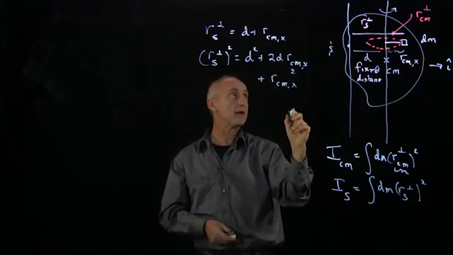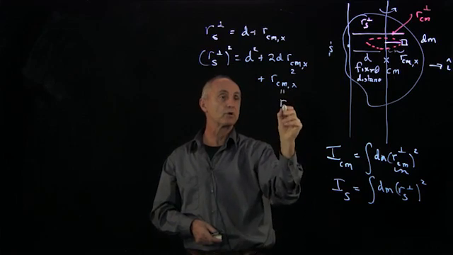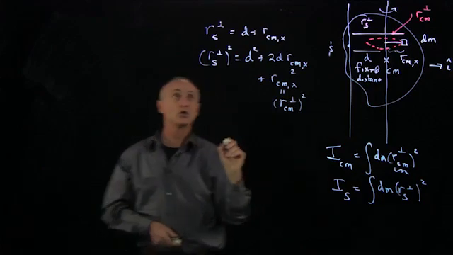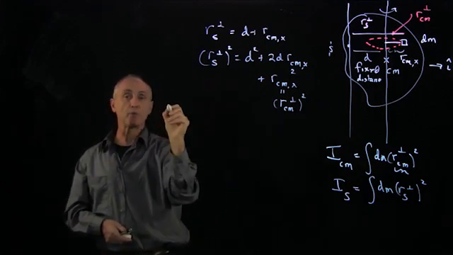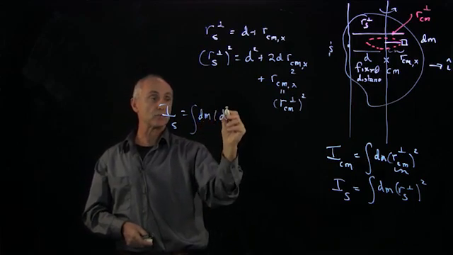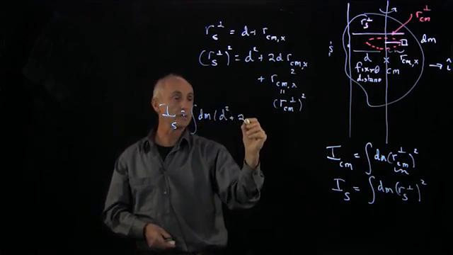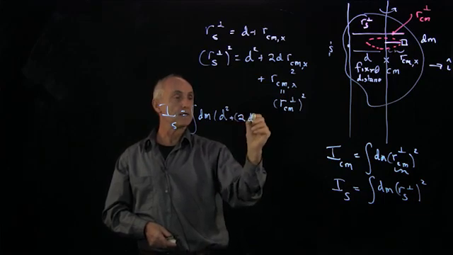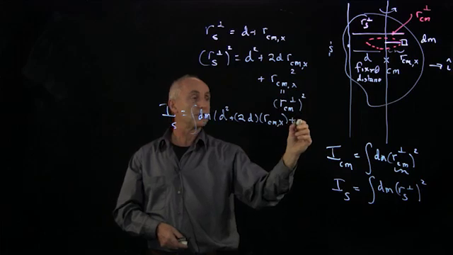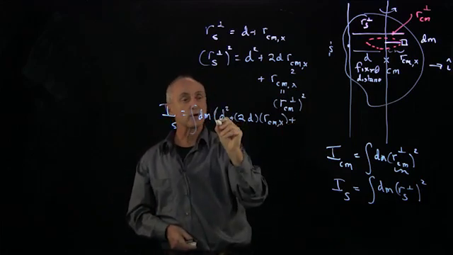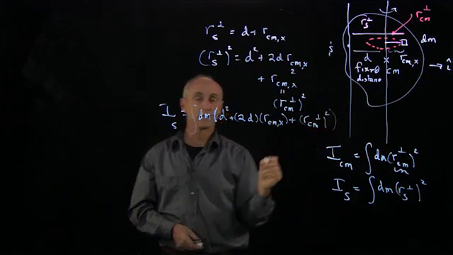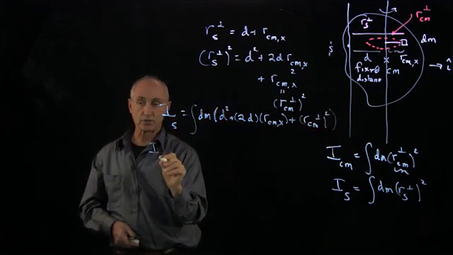And that rcm x squared is precisely what we're calling the perpendicular distance. So when I put those into my moment of inertia, I get dm times d squared plus 2d times rcm x plus, in parentheses, rcm perp squared. Now, I'll separate this into three terms.